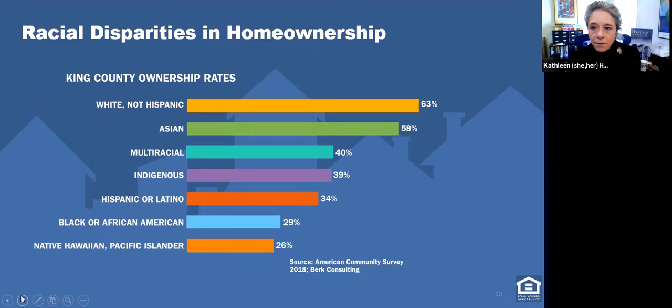And what you're seeing on the slide now is that white non-Hispanic people have a 63% home ownership rate compared to 34% for Hispanic or Latinx people, 29% Black or African American. Overall, the BIPOC home ownership rate in King County is 26% compared to the 63% white home ownership.